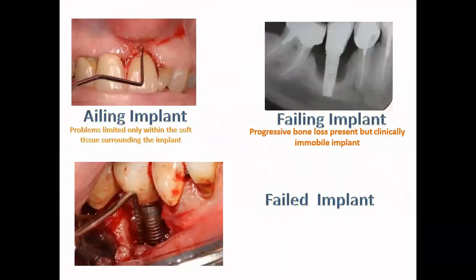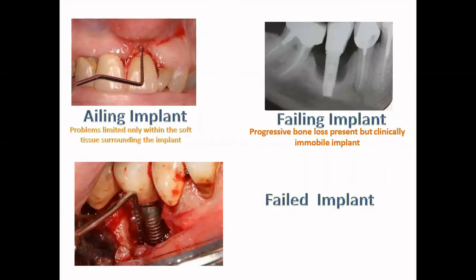So if there are implant complications, we will see ailing implants, which require some treatment to make them successful implants, or it may lead to severe bone loss, which is called failing implants, where you can see vertical bone loss around the implant, which later leads to a failed implant.